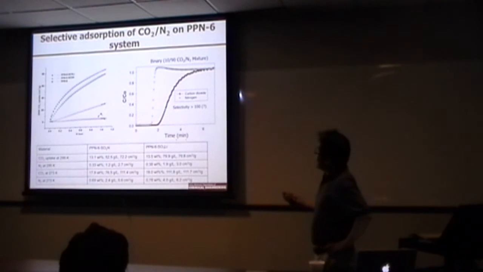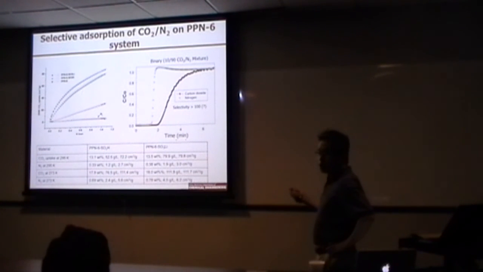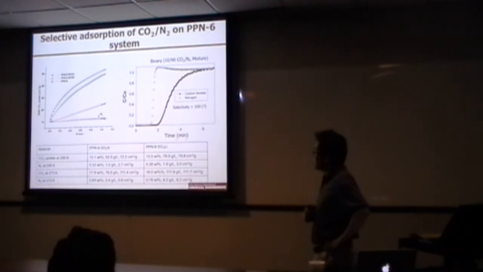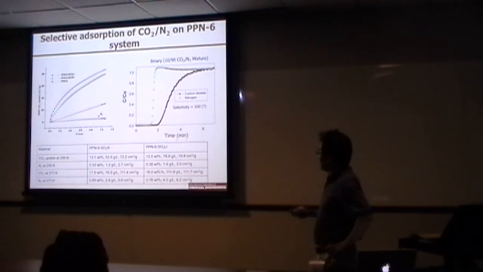We have tested CO2 and N2, and it turns out that the CO2/N2 selectivity is very good, about 100. And the CO2 uptake is also 38%, which is very good actually. It's not the best, but it's among the best porous materials for CO2 capture. So we are excited about this idea.